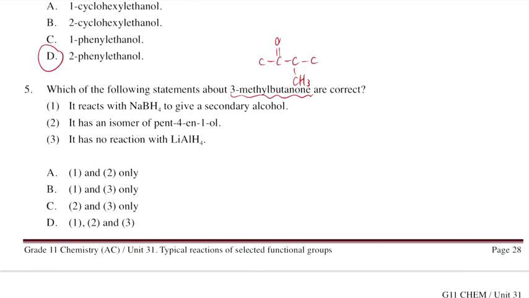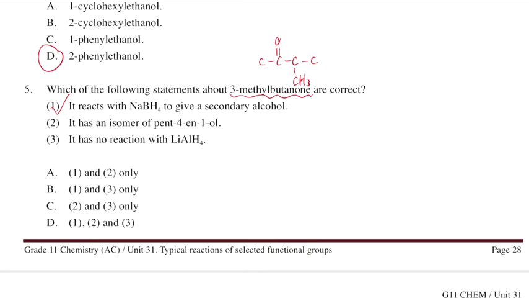So let's check. Statement 1, it reacts with sodium borohydride to give a secondary alcohol. That's correct, because it's a ketone, so it will undergo reduction to give a secondary alcohol. And then second, it has an isomer of pent-4-en-1-ol.